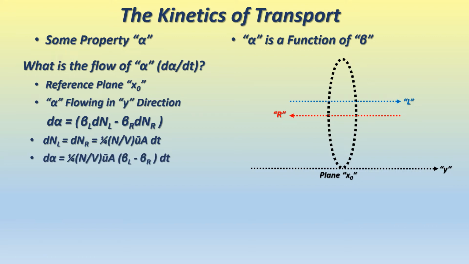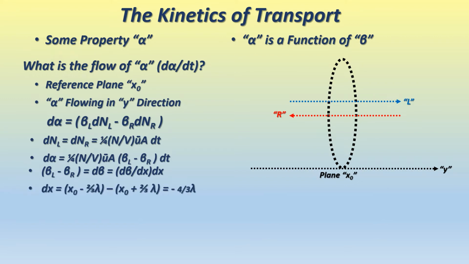So the change in alpha is going to be that times the beta of the left moving particles minus the beta of the rightward moving particles, which is equal to dB. And then you can do a slight change that dB is equal to dB/dx times dx.